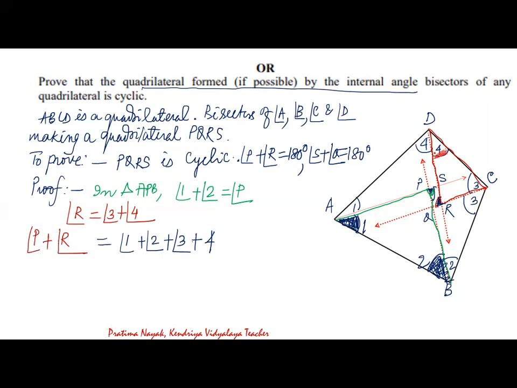So angle 3, this is your angle 4, and this is 3. 3 plus 4 makes you angle R. So P plus R is equal to 1 plus 2 plus 3 plus 4.